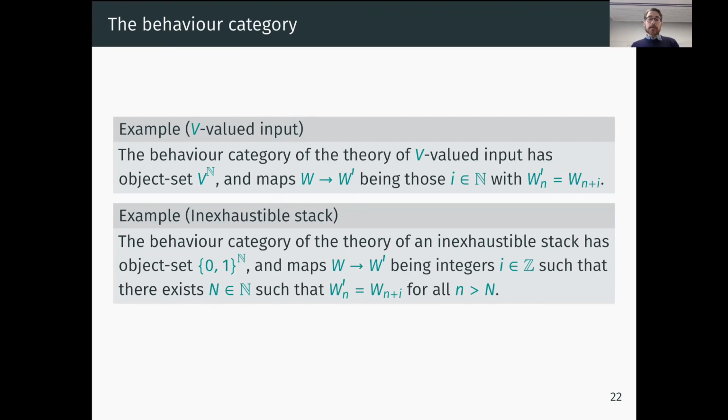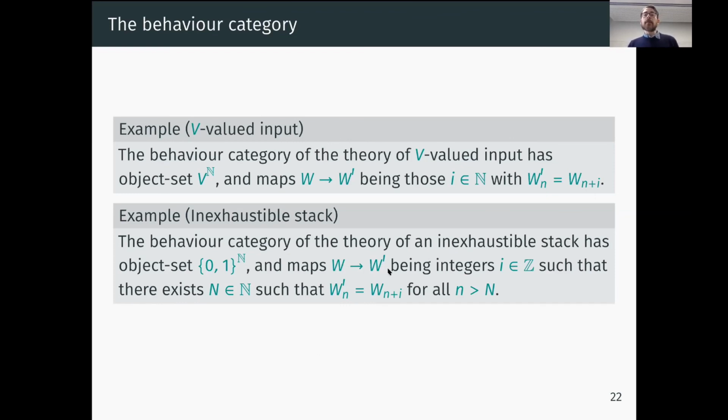Okay, so this says I start with my stack with this stream of values in it, and I'm basically going to remove some initial segment of my stack and then add on some new initial segment, because in the end, I'm doing a bunch of pushes and pops. And so that's going to, in the end, result in removing some bunch of stuff from the front of the stack and adding some bunch of other stuff onto the front of the stack. Okay? And so that's what we get here.